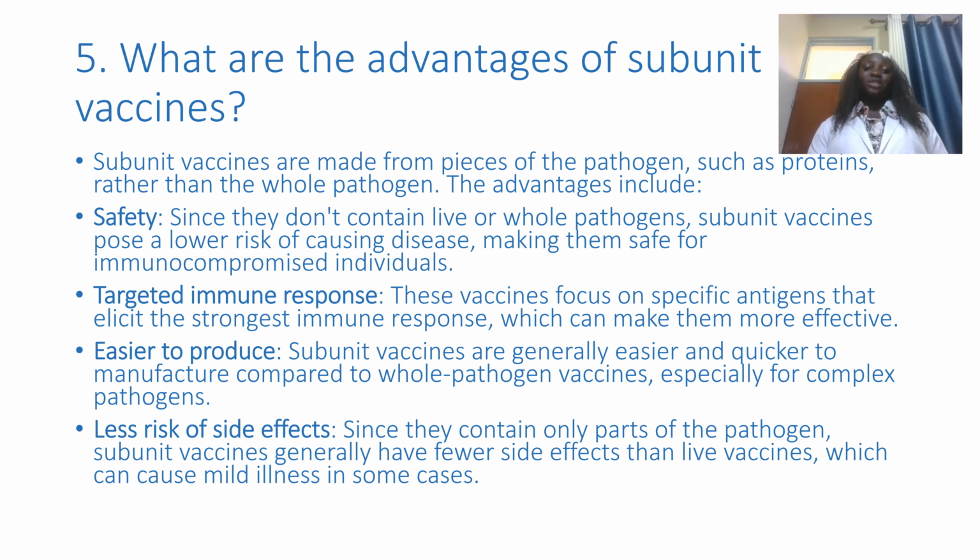First of all, what are subunit vaccines? These are vaccines that are made from pieces of the pathogen, such as proteins, rather than the whole pathogen. Its advantages include safety.